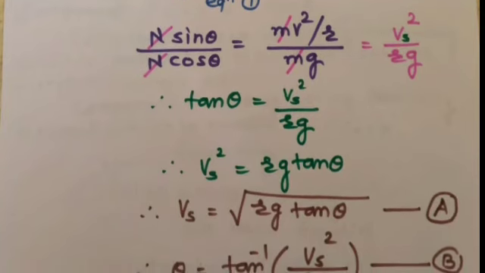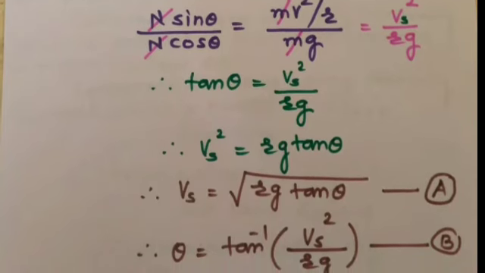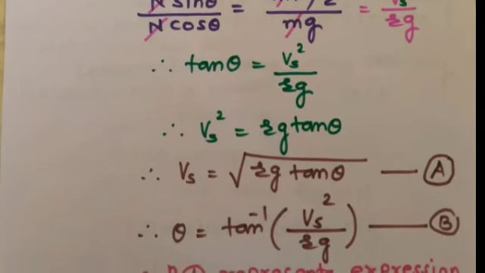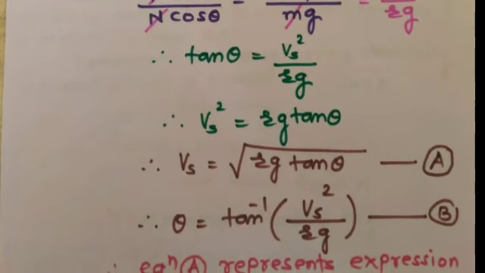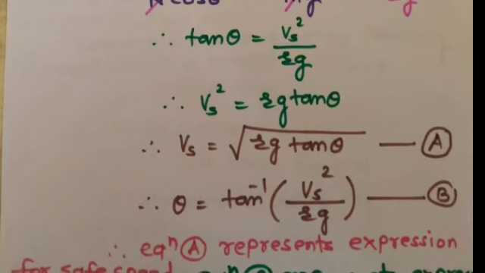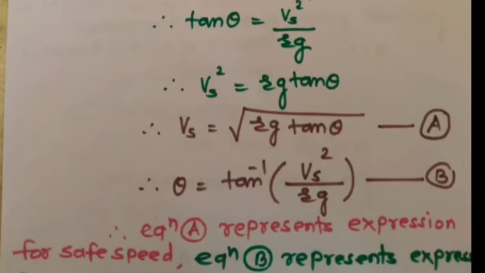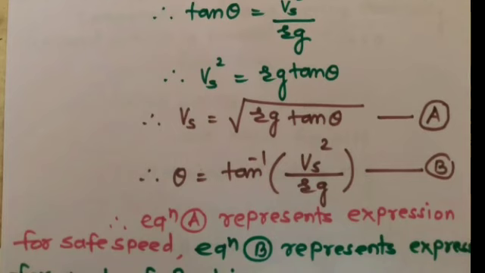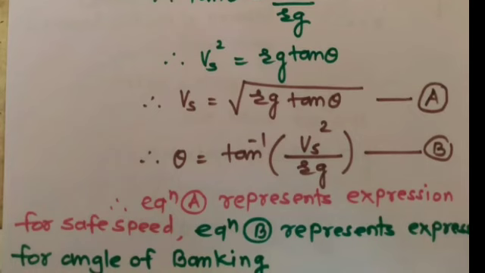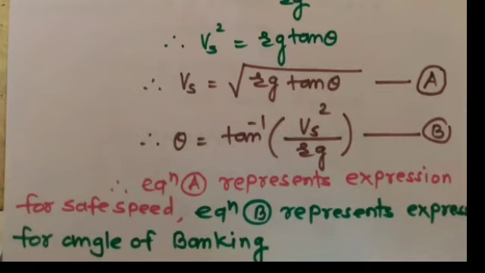So, v_s is equal to the square root of Rg tan theta, which is equation A. And if we take the inverse function, theta is equal to tan inverse of (v_s square upon Rg), equation B. Equation A represents the expression for safe speed, whereas equation B represents the expression for angle of banking.